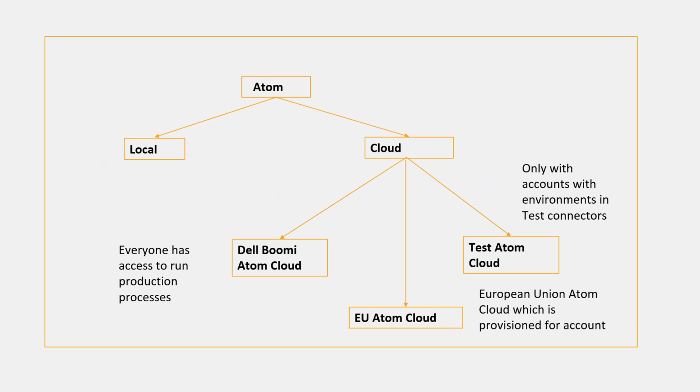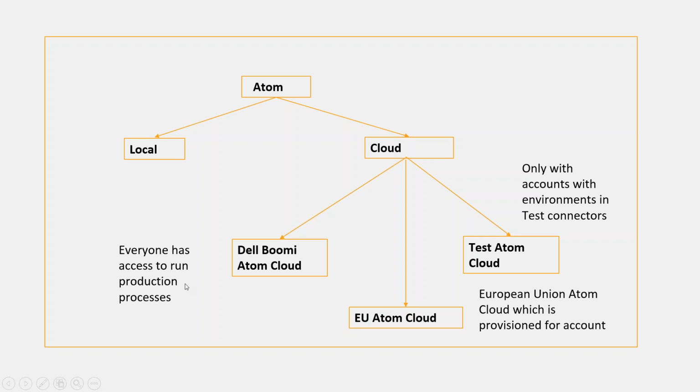Right? So next comes Atom. Atom, as discussed, is the runtime engine. We have two types, a local Atom and a cloud Atom. The local Atom is used for accessing your local as well as cloud applications. For integrating data only between cloud applications, you can use a cloud Atom. The cloud atoms provided by Boomi are the Dell Boomi Atom Cloud, the EU Atom Cloud, and the Test Atom Cloud.